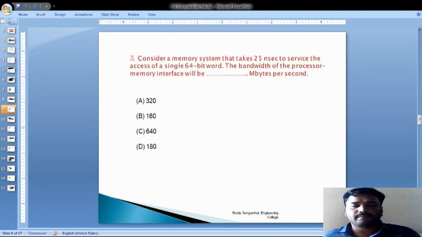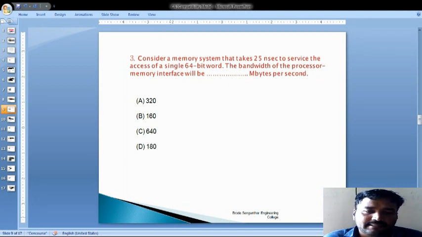Consider the third example. What are they asking? Consider a memory system that takes 25 nanoseconds to service the access of a single 64-bit word. The bandwidth of the processor memory interface will be how many bytes per second? The answers given are 320, 160, 640 and 180.